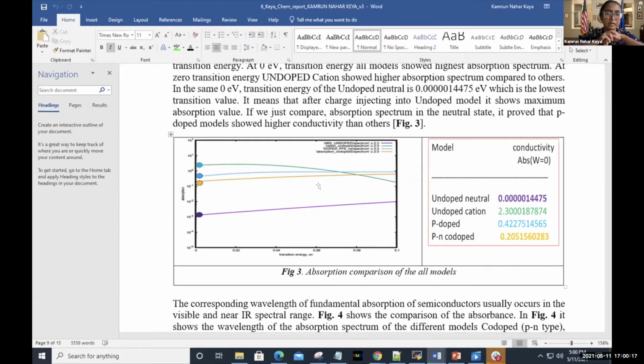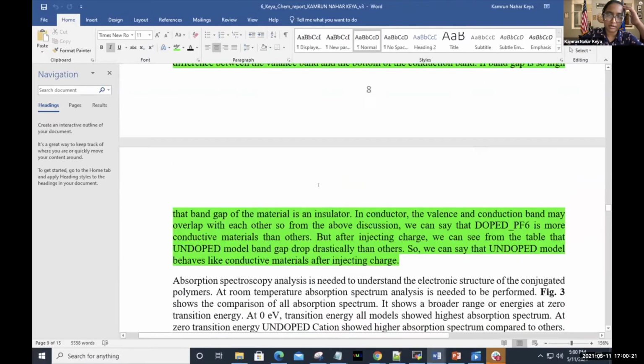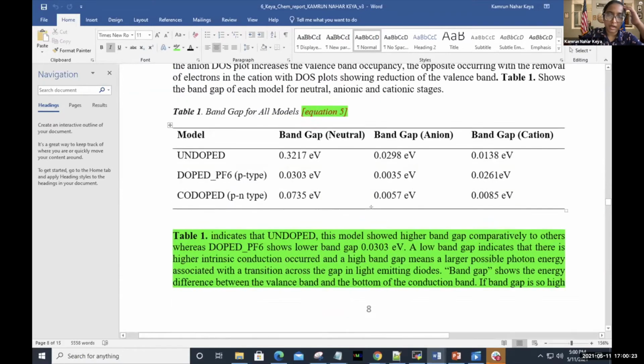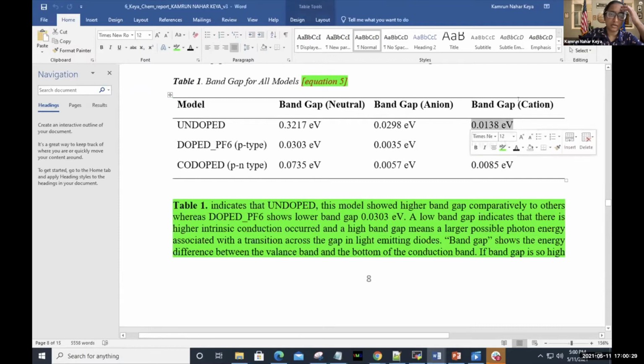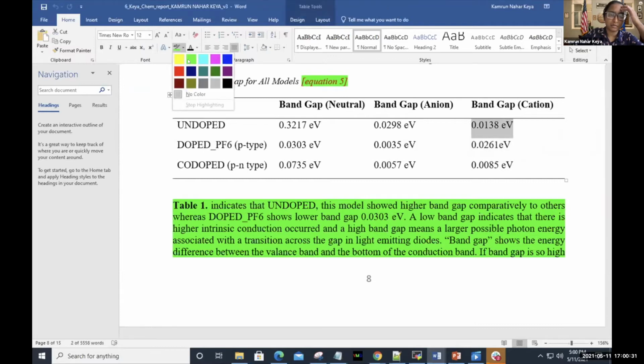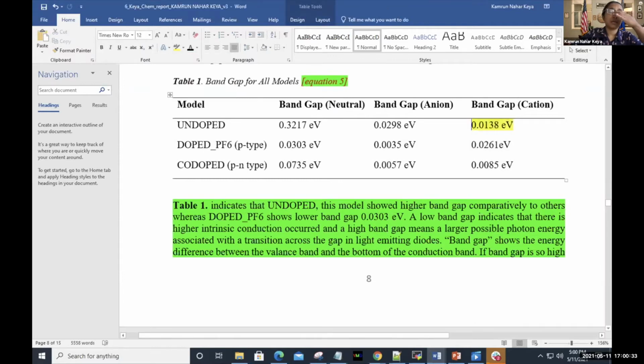So I showed here this one and the table, and from the table we can see that this one has a band gap less than others.